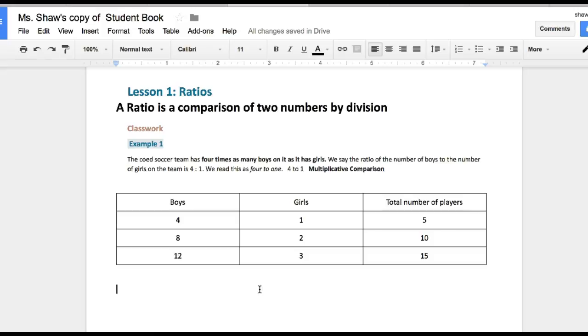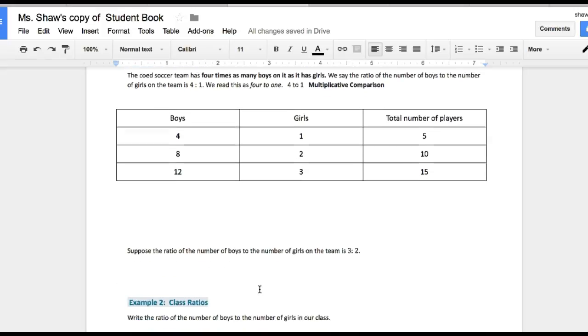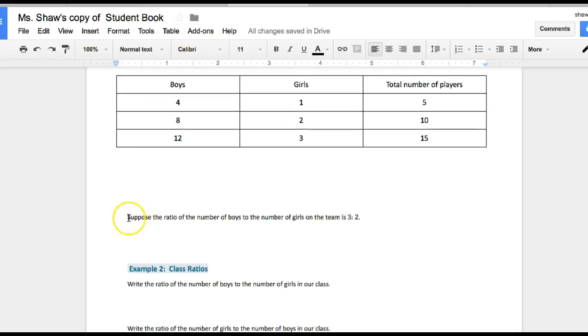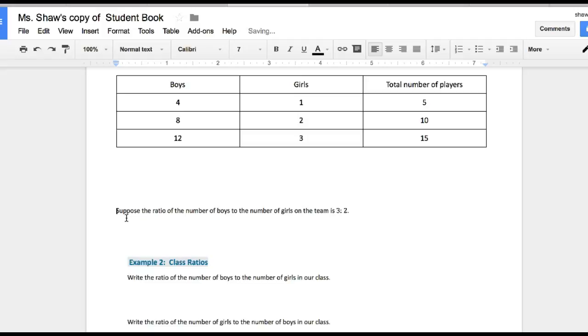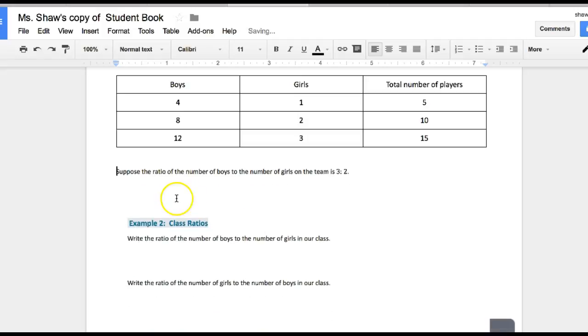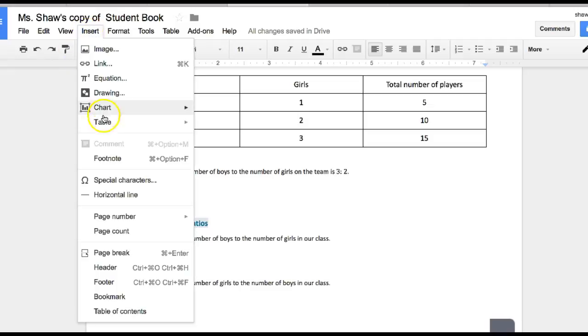Now, let's continue on to our next one. Suppose the number of boys to the number of girls is 3 to 2. Let's take that and let's insert another table. You can go ahead and draw a table on yours.